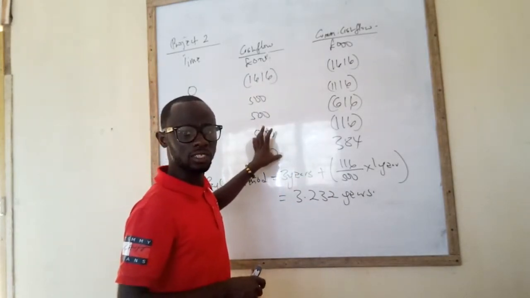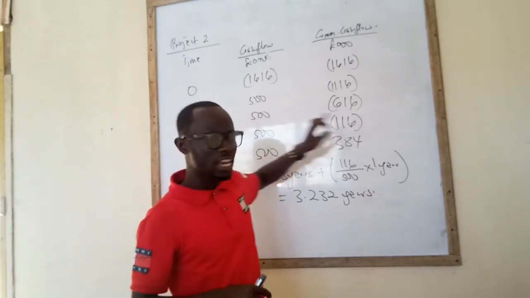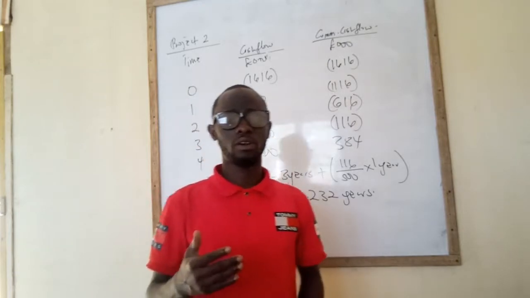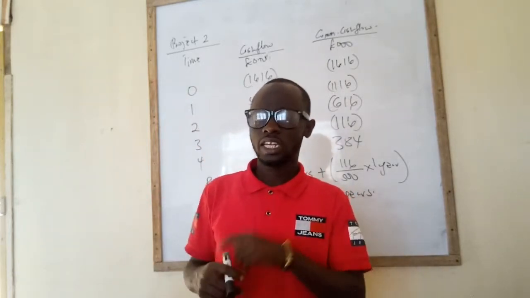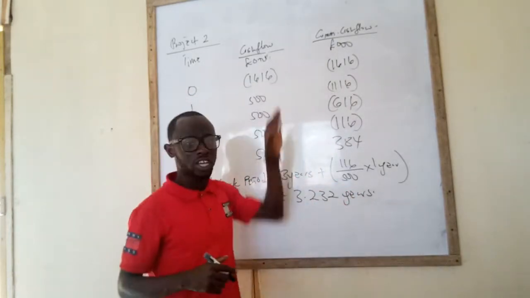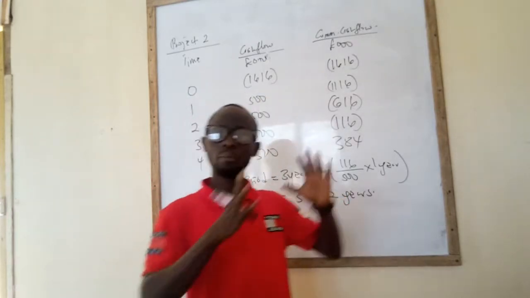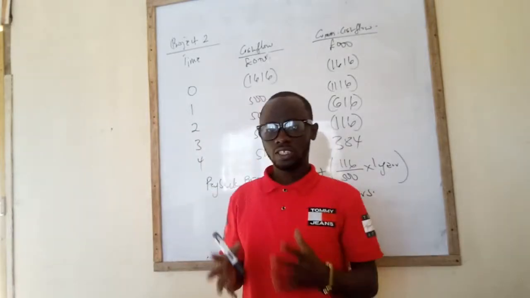The company will be paying some tax on the returns, so the payback period we're calculating may not be the right payback period after we take the tax out. Also, because it is an investment project, capital allowance will be received. So you're going to be paying tax and you're going to be receiving some capital allowance.